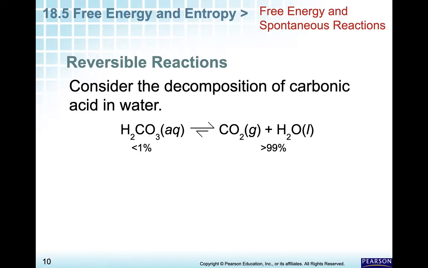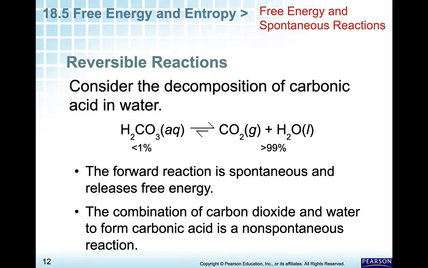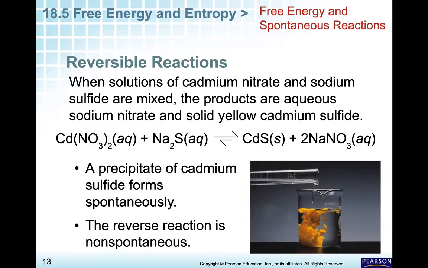The forward reaction is spontaneous. Forming products is favored. The reverse reaction would be the non-spontaneous one. That's not very favored. And so our forward one releases free energy. The reverse reaction, carbon dioxide and water recombining to make carbonic acid, would be non-spontaneous. It wouldn't happen naturally to a large degree. We could force it, but it wouldn't be a spontaneous reaction.